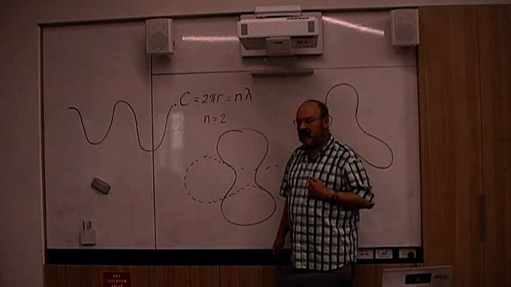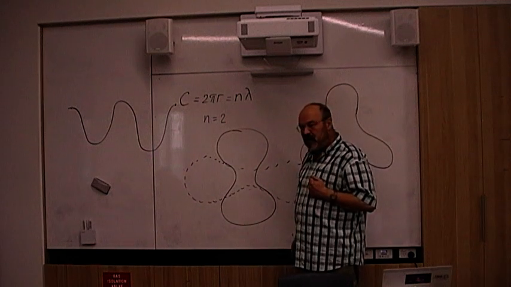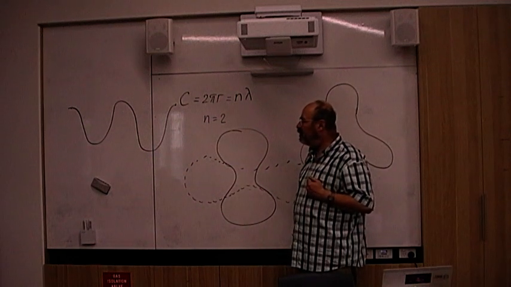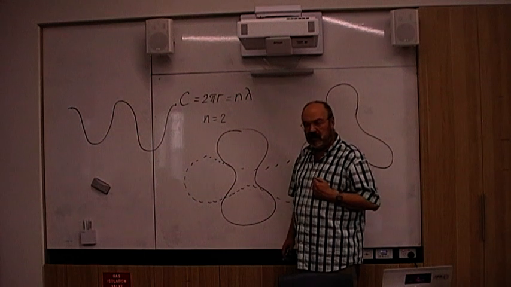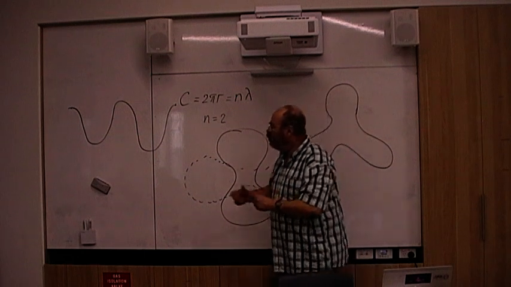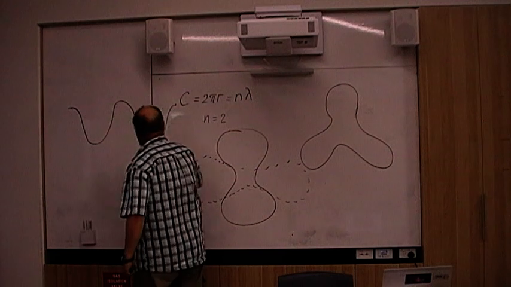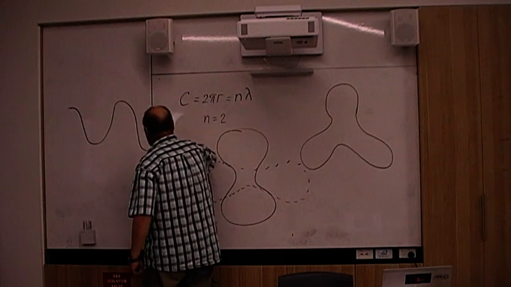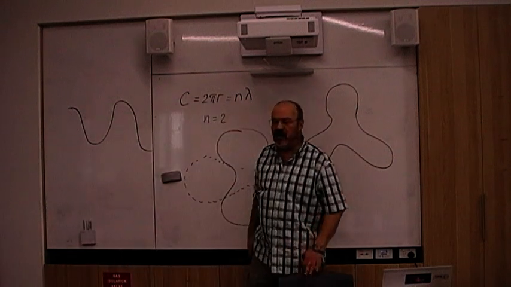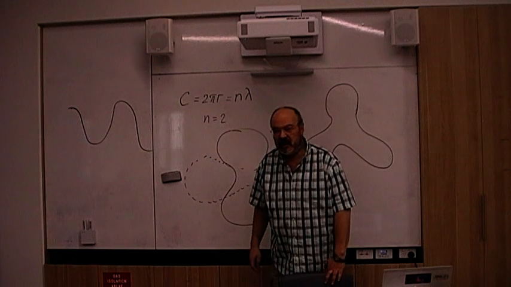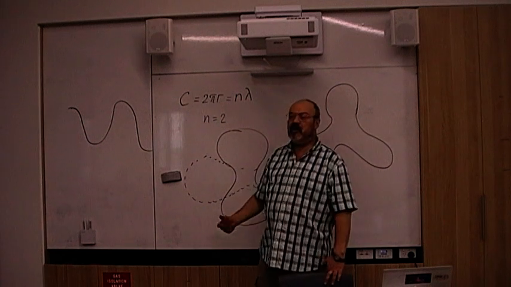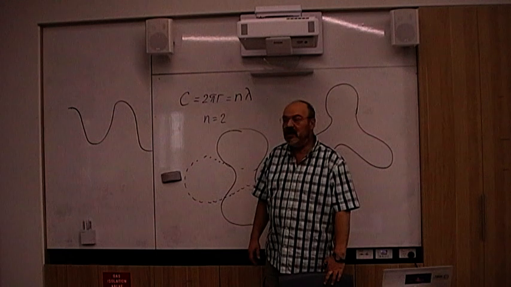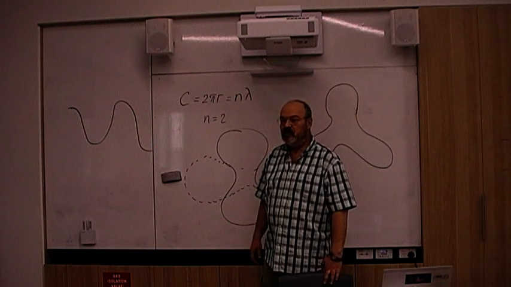Such an orbit can exist. But if some orbit is not exactly 2 wavelengths, let's say only 1.5 wavelengths, what will happen then? We have destructive interference and the electron wave will cancel itself out.